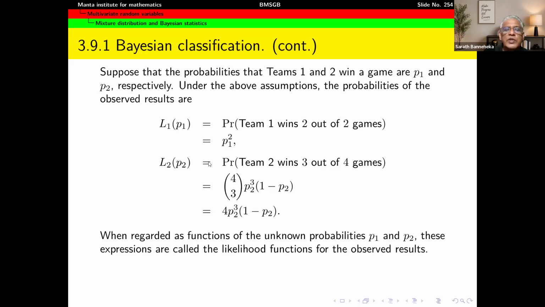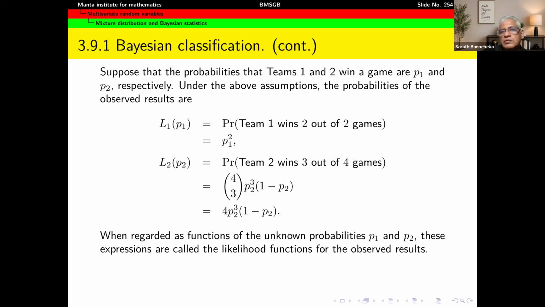You can do that mathematically by taking the derivative with respect to P1, equating it to 0, solving, and showing that at that point there is a maximum, and similarly for the other. Or you can look at a simple graph and find approximately where the maximums occur.